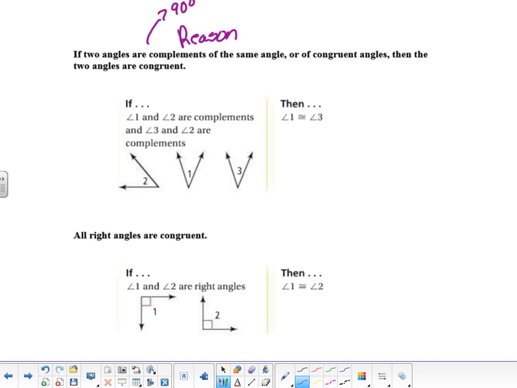If angle 1 and angle 2 are complements, so let's say angle 2 is 50 degrees. That would make angle 1 40 degrees. And angle 3 and angle 2, so angle 3 would also need to be 40 degrees. All right, then we can say that those angles are congruent to each other.